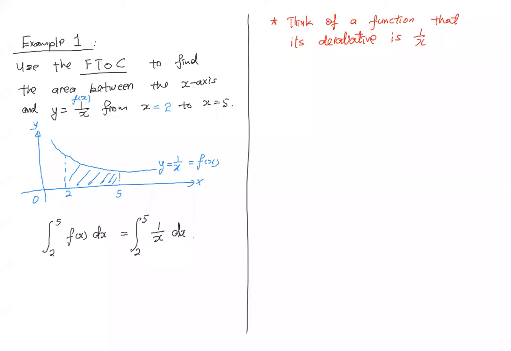So that is your task. So your friend has told me in the chat that if I differentiate ln x, I will get 1 over x. So this is in your mind.